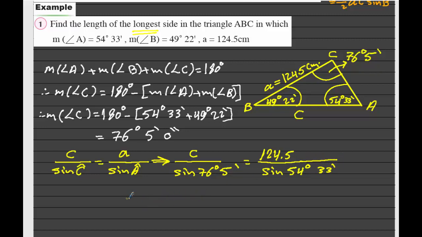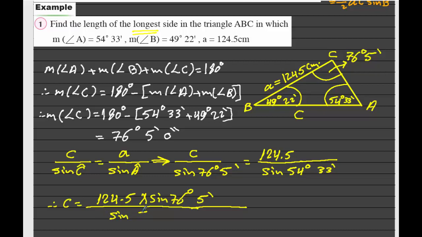Okay. Now C equals, cross multiplication, 124.5 multiply sine 76 degrees 5 minutes over sine 54 degrees 33 minutes.